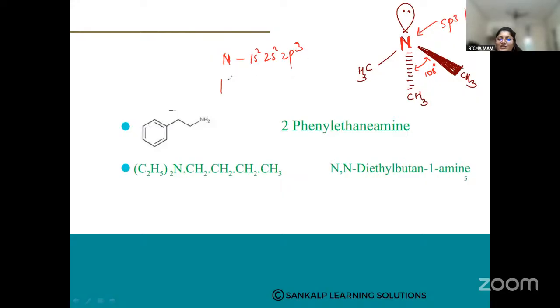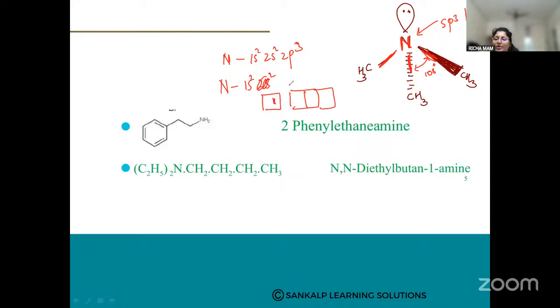So out of these four hybrid orbitals, what will happen? Three hybrid orbitals form sigma bonds with the hydrogen atom and the alkyl or aryl group.